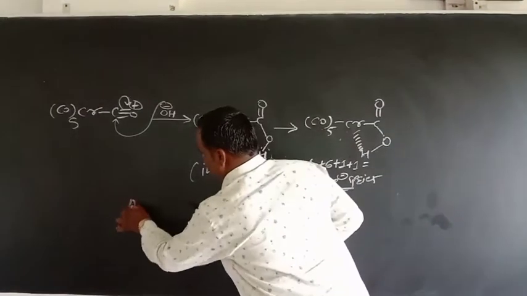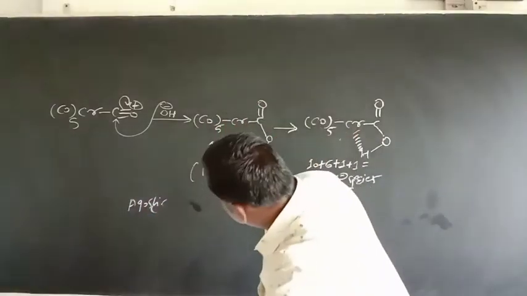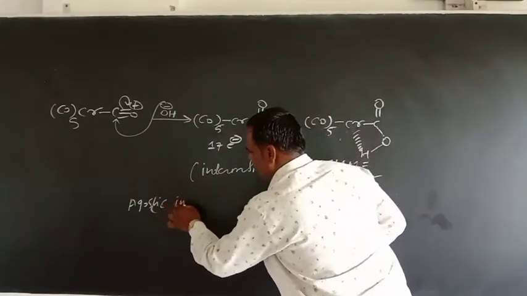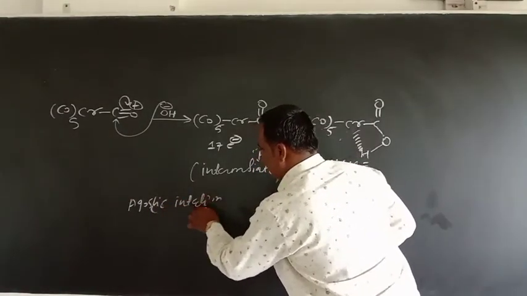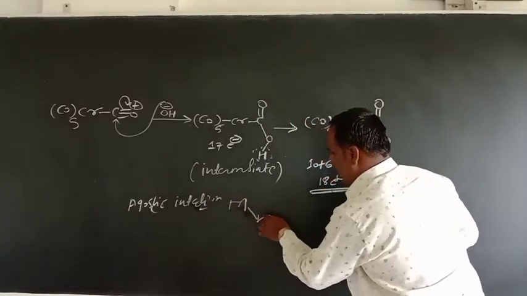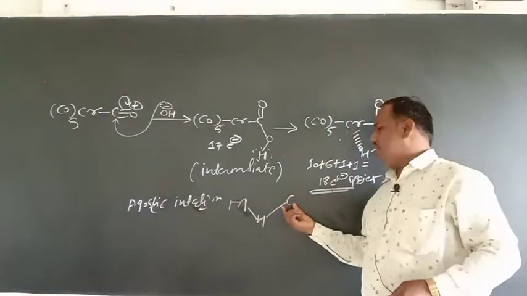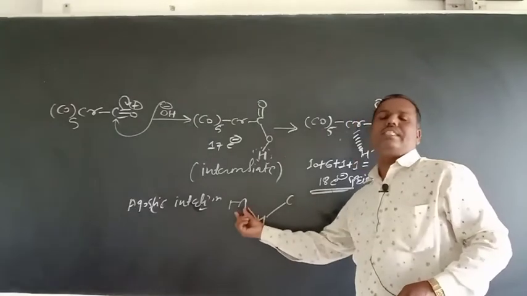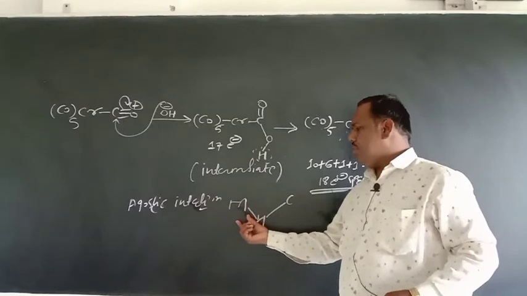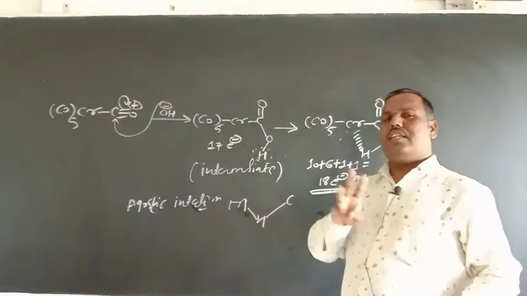You should remember that here there is an acidic proton attached to oxygen, but actually, in agostic interaction, the hydrogen attached to the carbon shows agostic interaction with the metal atom, and it is a 3 center 2 electron bond.